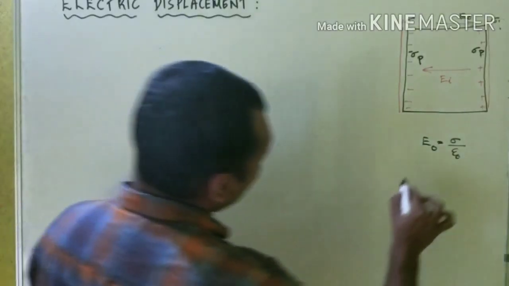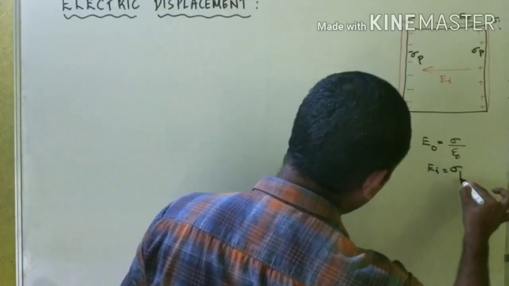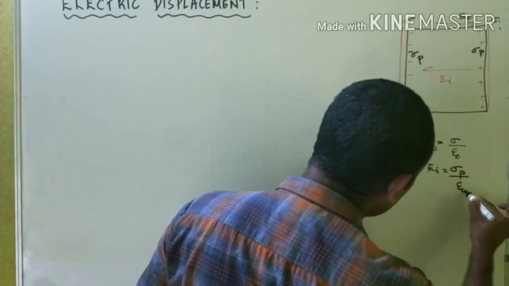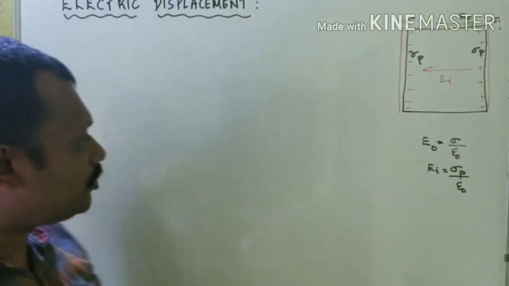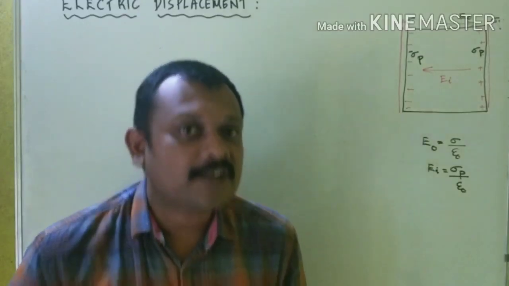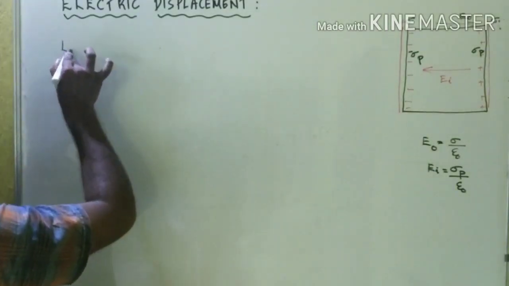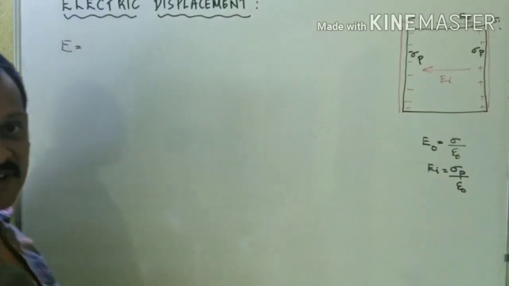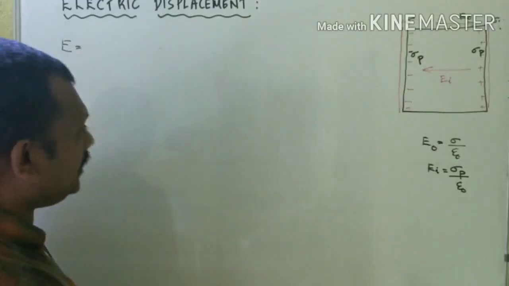Now I can write the magnitude of the induced electric field. As you know, it is sigma p divided by epsilon 0. This is the magnitude of the induced electric field. Now the question: if E is the net electric field inside the dielectric, then what is going to be E?